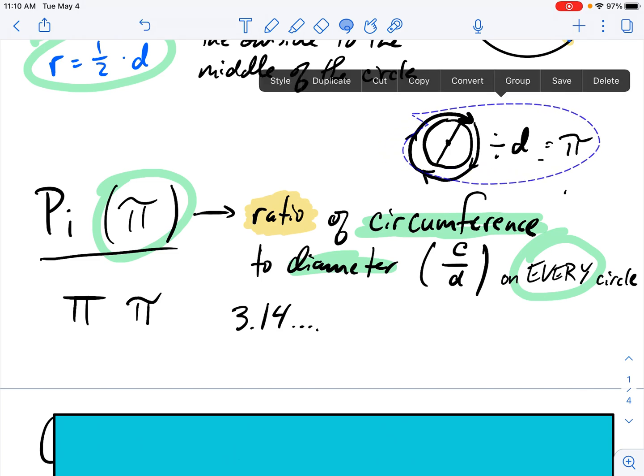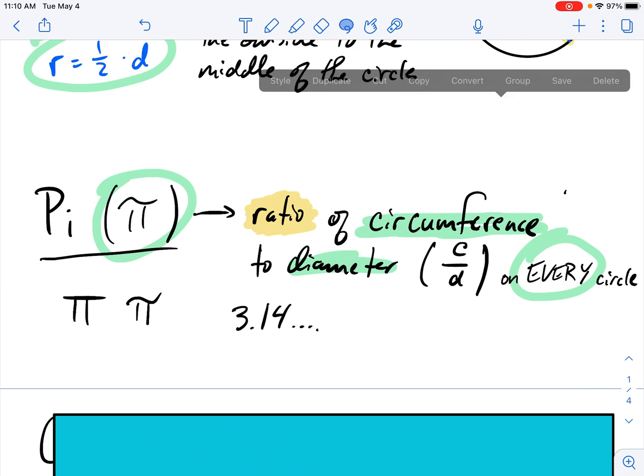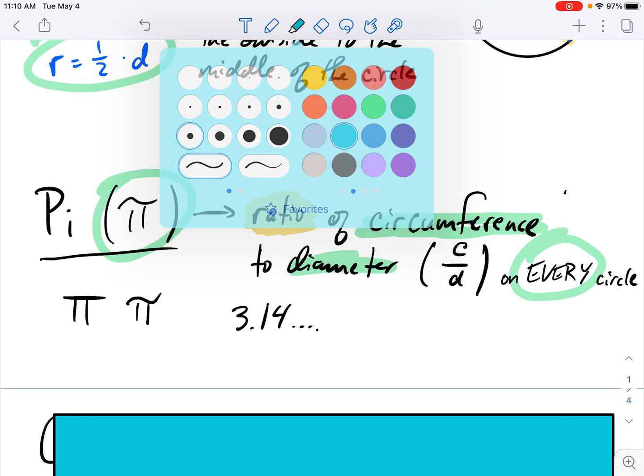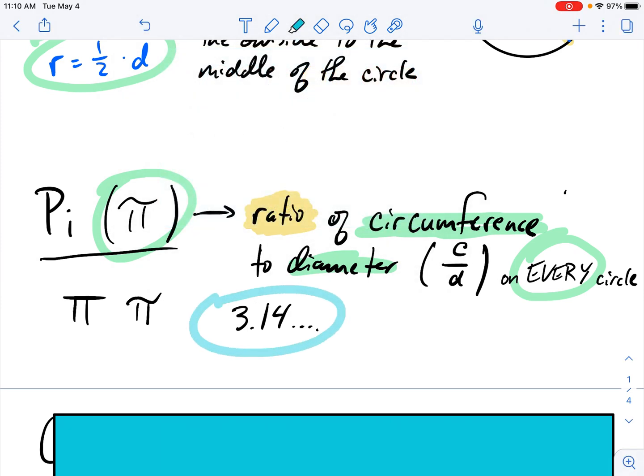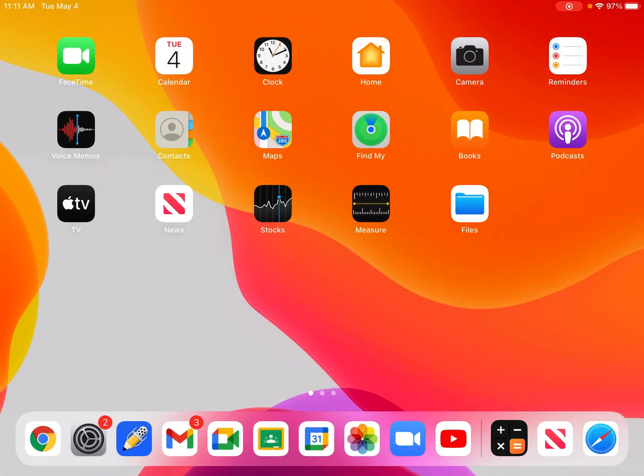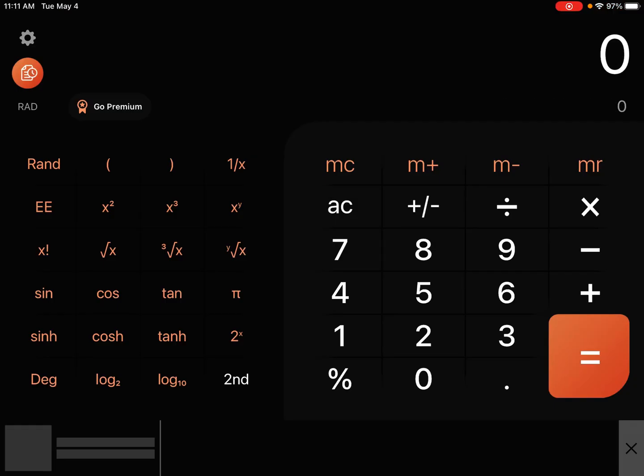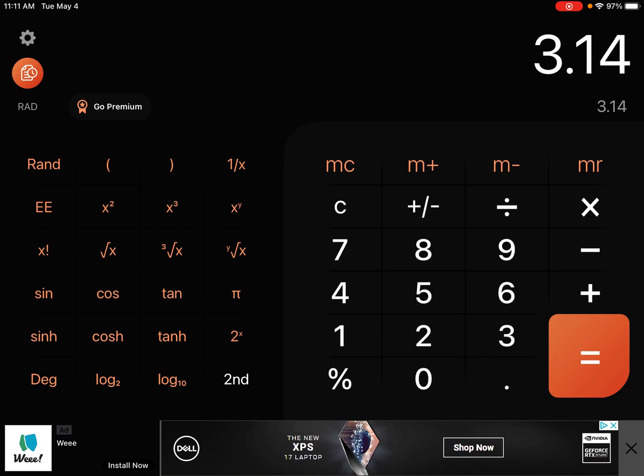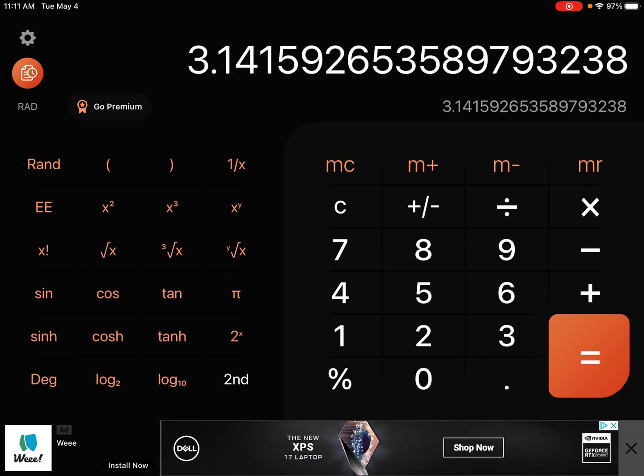So if you take the distance around a circle and you divide it by the diameter, on every single circle you get the same number. And that number is 3.14159, something like that. But what you need to know is just 3.14, okay? And when you're using a calculator, which you should be using, you can either type in 3.14 or you can just press the pi button, okay?